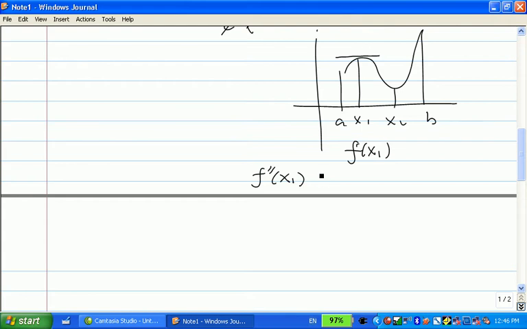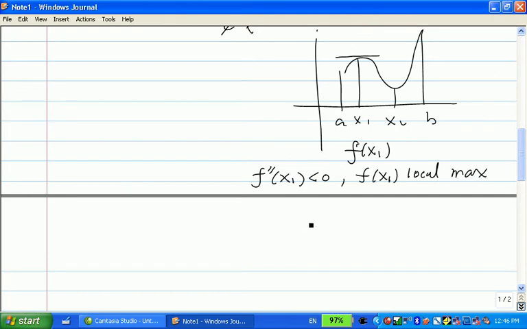For this case, f(x) is concave downward at x1. Concave downward means your second derivative is negative. So if your second derivative is negative, your curve is concave downward. Therefore, f(x1) is a local maximum.